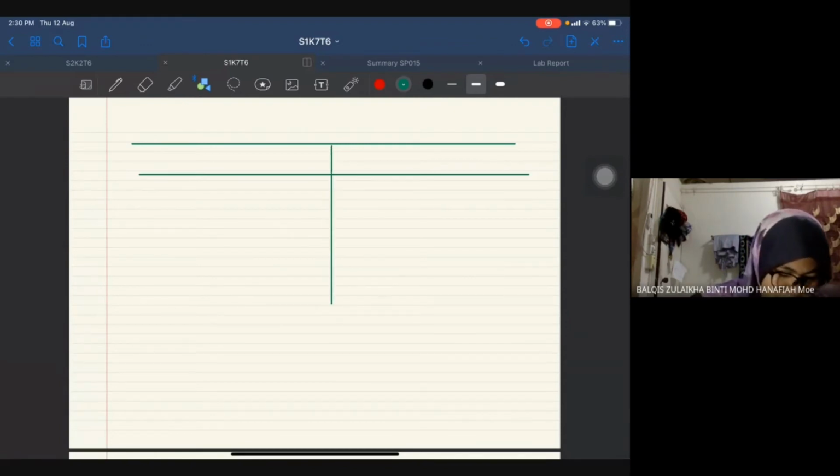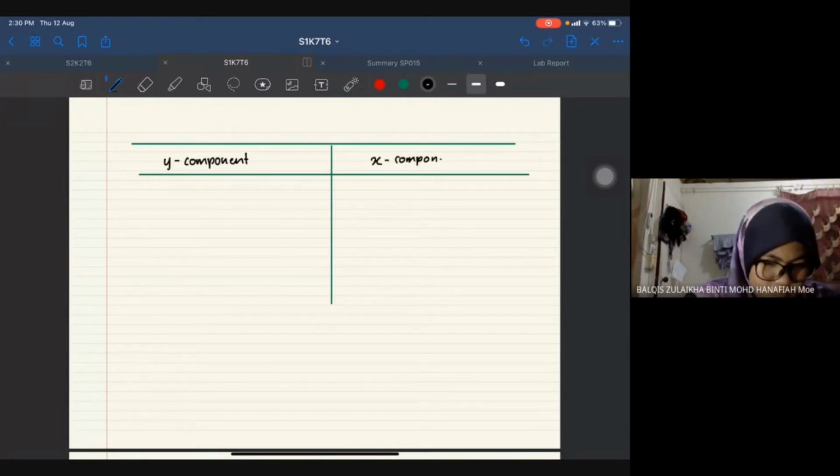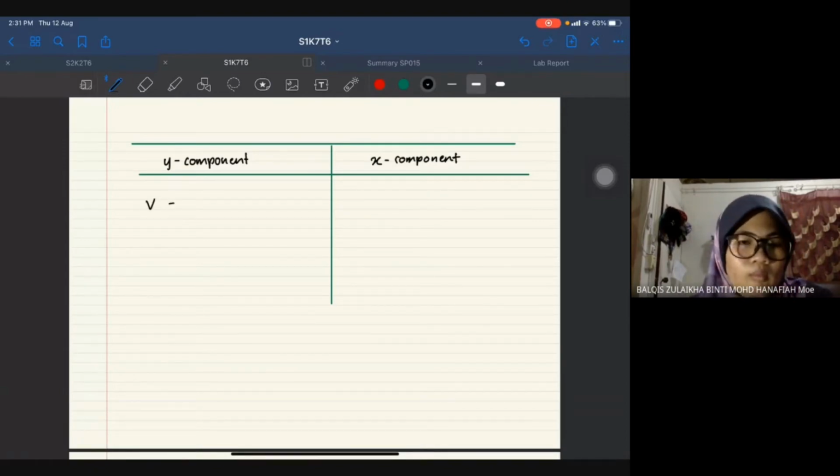Okay. Y component, X component. Okay, Y component tadi kita ada three formula. The three formula are V equals to U minus GT.